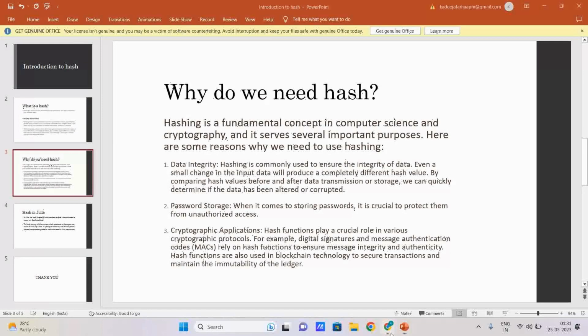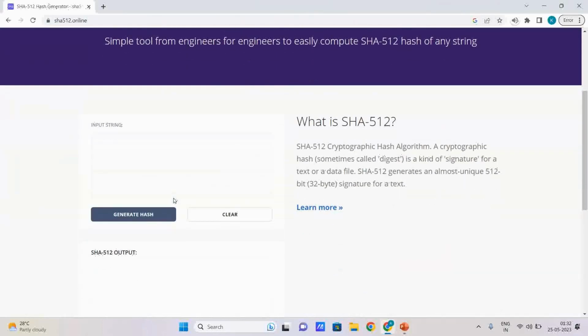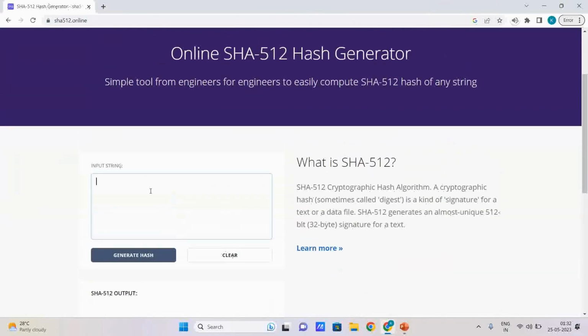Let's go to the software. There are a lot of hashing algorithms. I hope everybody knows what Bitcoin is. Bitcoin comes under blockchain; it's a technology developed under the blockchain system.